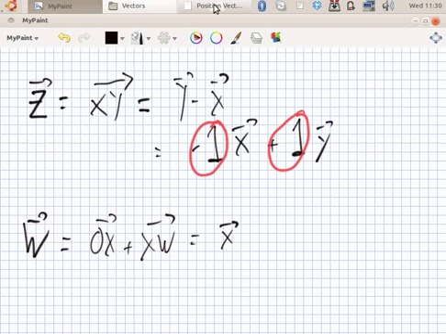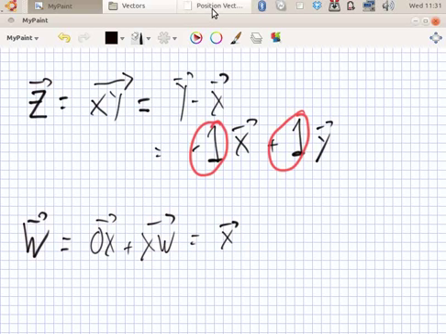You should not use the law on XW. Why not? Well, if you did, what's XW? It's w minus x. The minus x would cancel this and you'd be left with w equals w. So it's not helpful there.